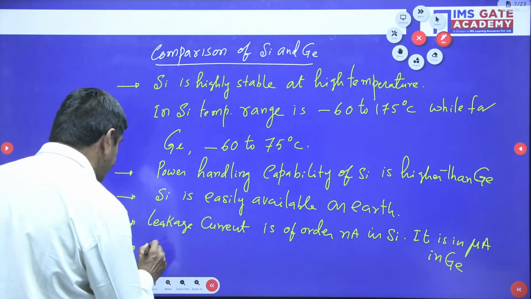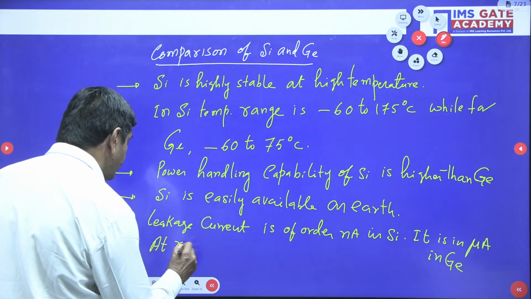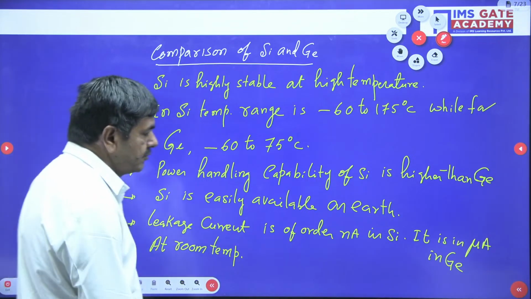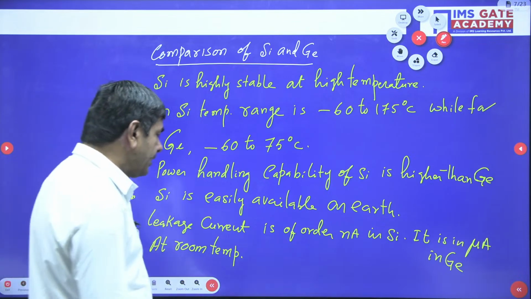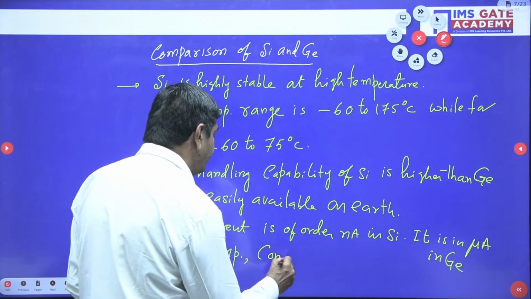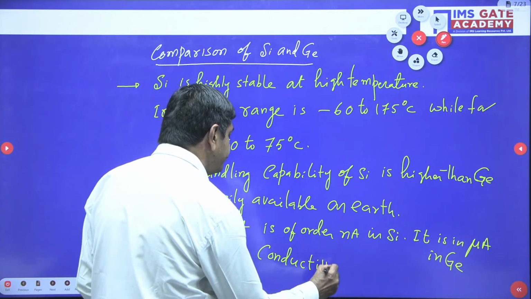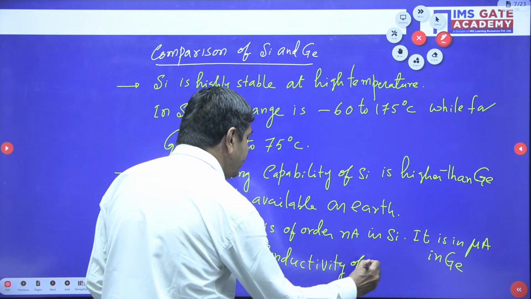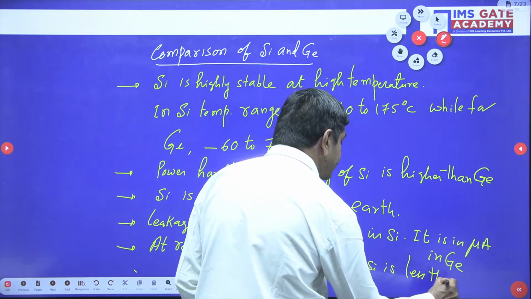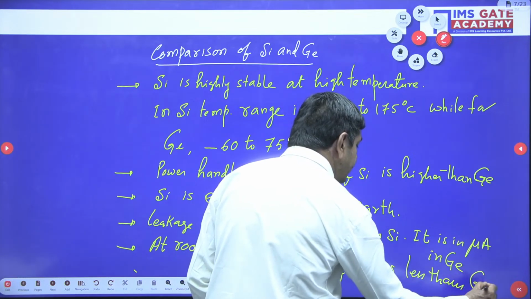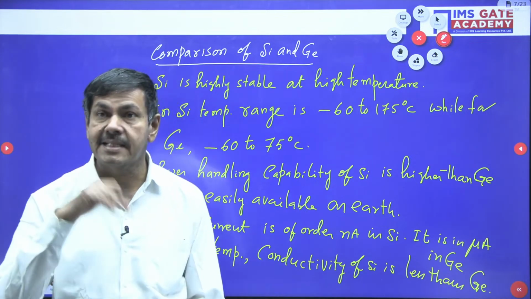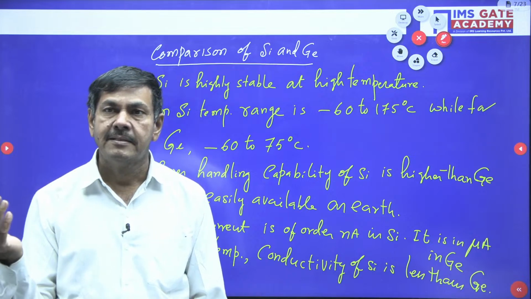Next point, when you are maintaining room temperature for germanium and silicon, conductivity of silicon is less than conductivity of germanium. Conductivity is more in germanium because the energy band gap is less in germanium at room temperature.